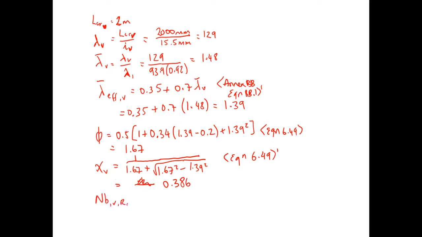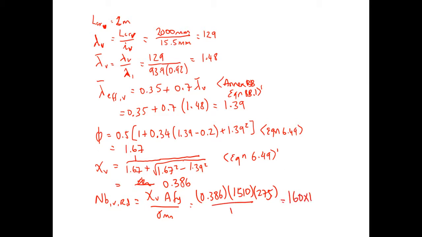So the buckling resistance about the V axis is going to be equal to this reduction factor times the cross-sectional resistance, all divided by gamma M0. So 0.386 times the cross-sectional resistance, which is 1510 times 275 all over 1, which is 160 × 10 to the power 3 newtons, which is 160 kilonewtons.